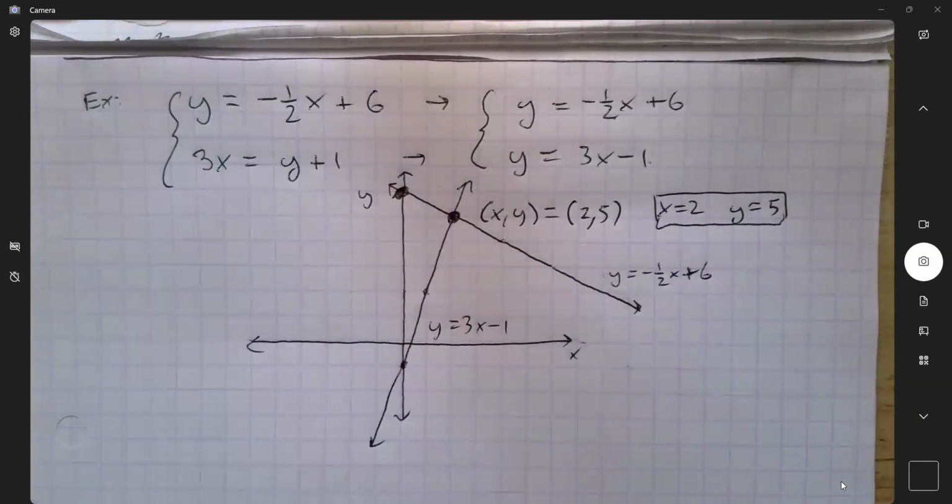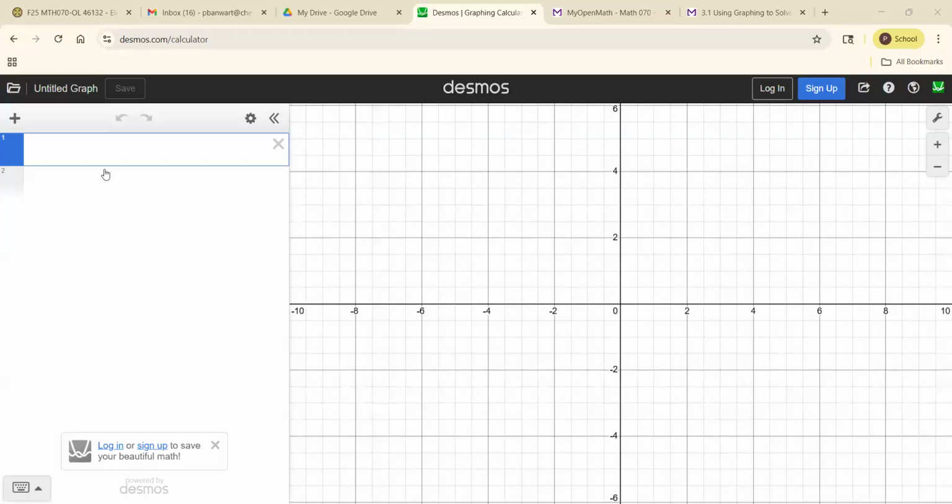Okay, I'm going to hop over to Desmos just to speed up the process a little bit and show you how to solve these using Desmos a little more quickly. Okay, here we are in Desmos, and we're going to solve the system of equations -2x minus 8y equals 8 and 8x plus 16y equals 8.